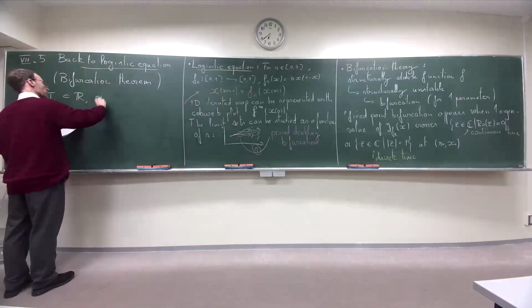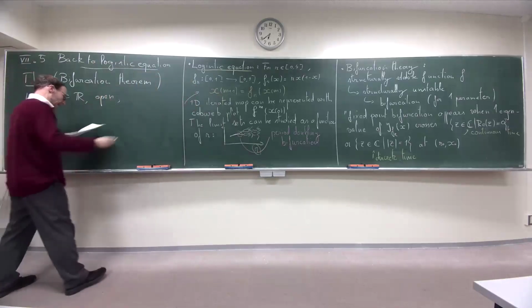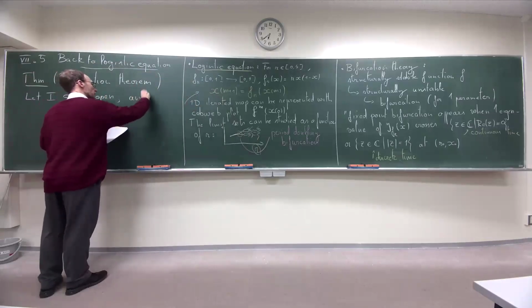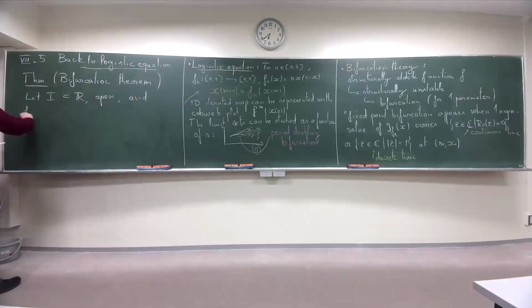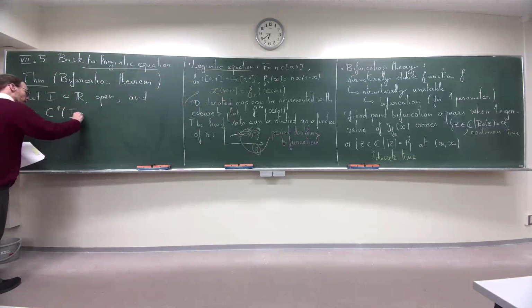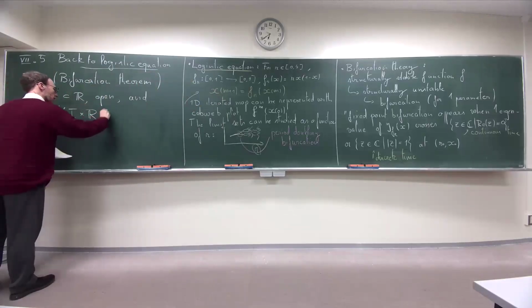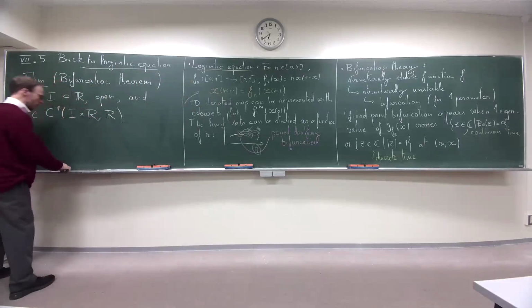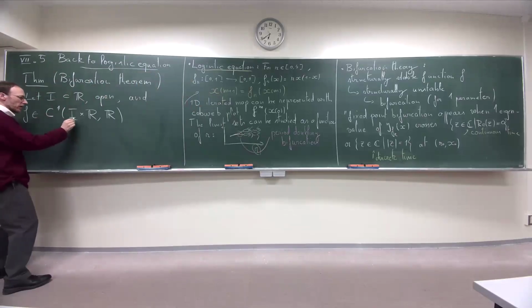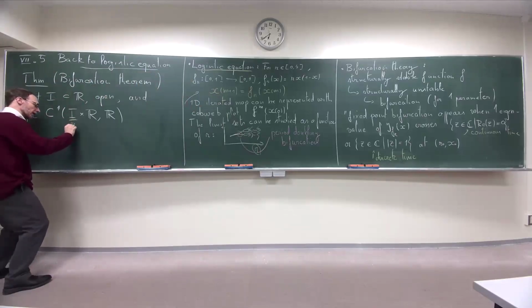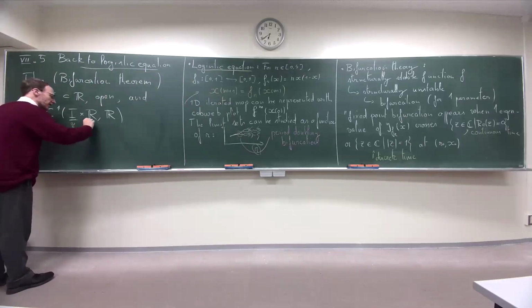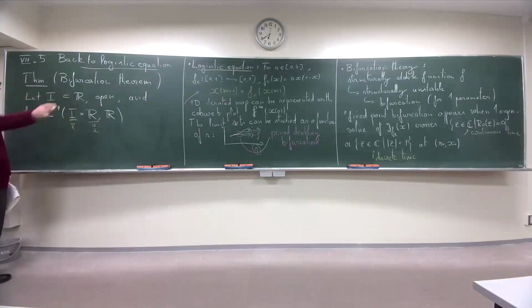It's always simpler. And I consider a function of two variables. On this variable, it's going to be small r, and this variable here is going to be small x on the real line.